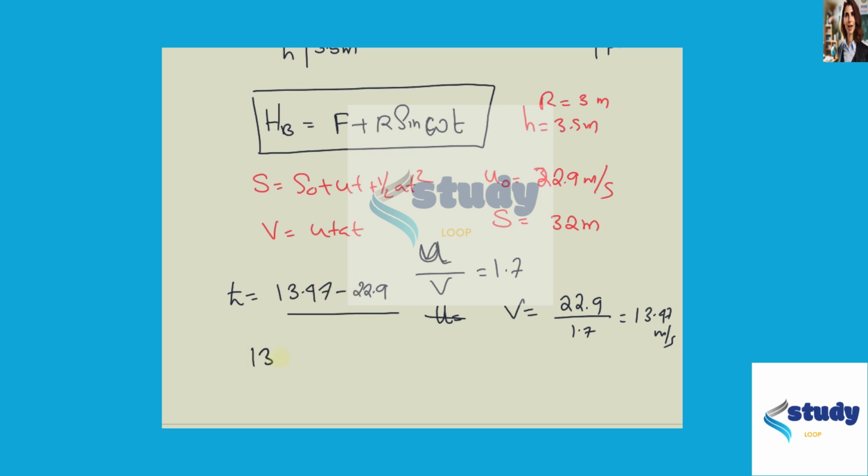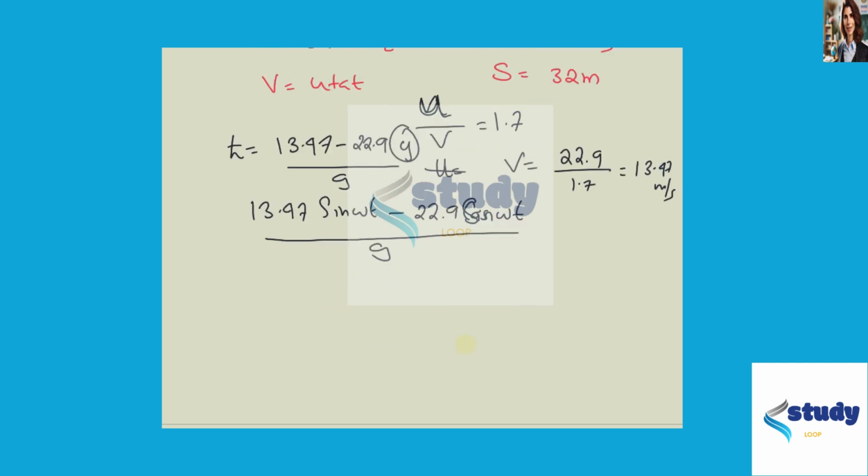So 13.47 sine omega t minus 22.9, the final velocity that also has the sine component, divided by g in the y-axis. So we can say g is 9.81.